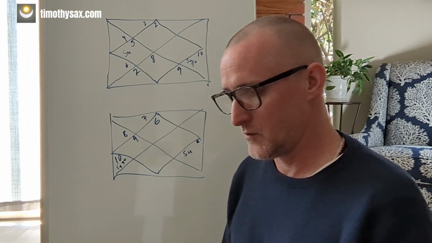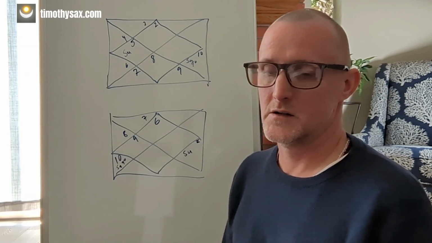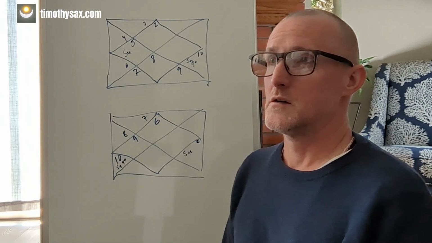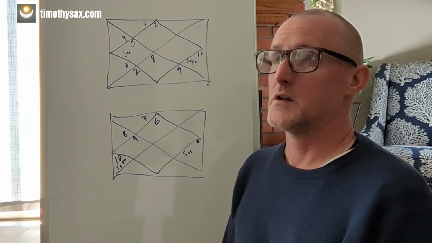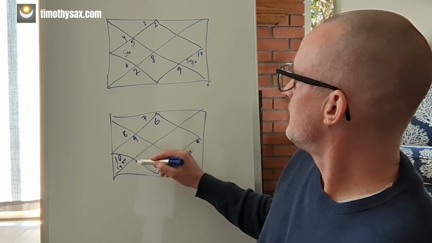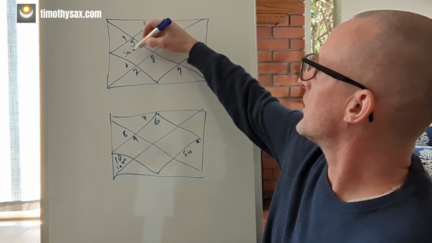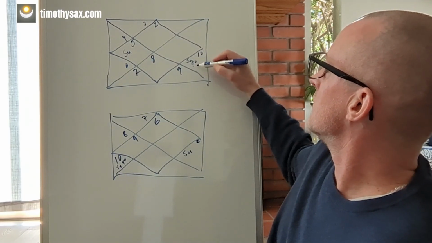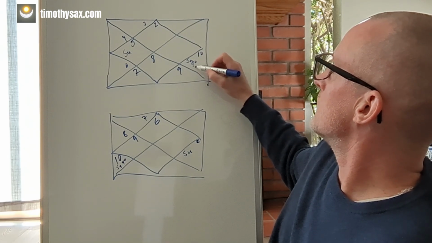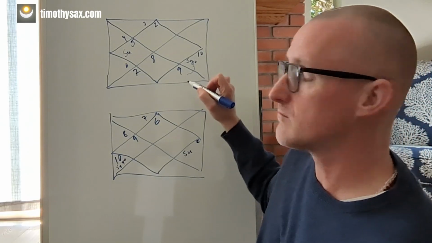The thing about whether you're using tropical or sidereal zodiac is that the transits still work. The difference is that we use Saturn at 9 degrees. If this were tropical, in sidereal you're going to be pushed back to being Sagittarius, Saturn in Sagittarius.